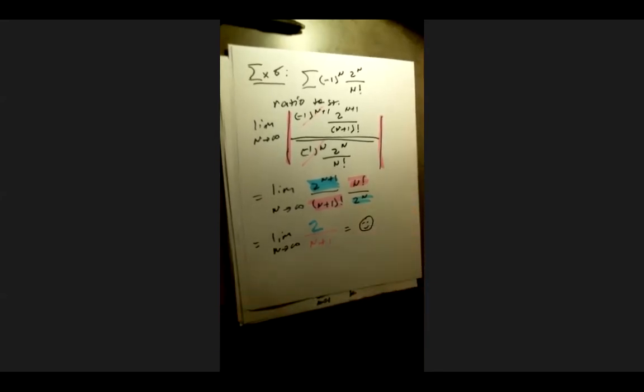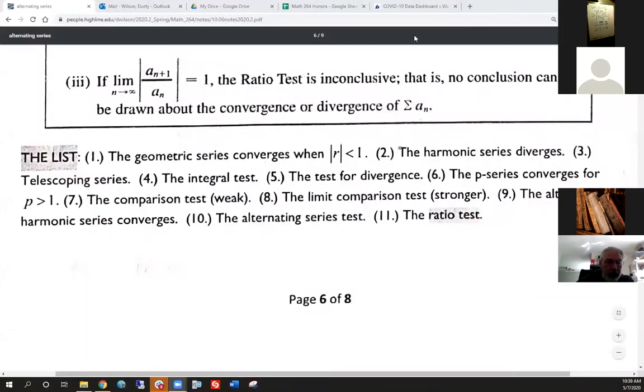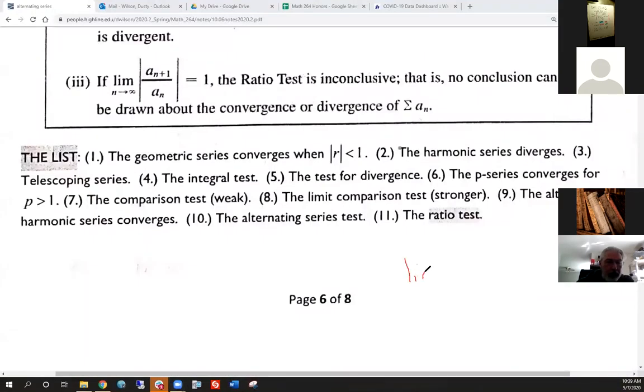Now, let me just switch back for a moment to the list. So notice that we just got that the limit is equal to 0. Let's think about all the things that 0 can mean.